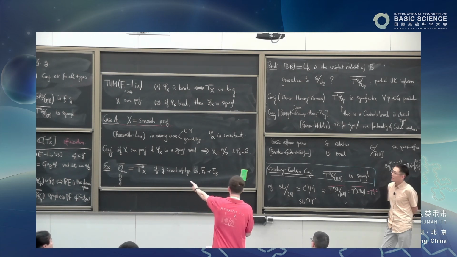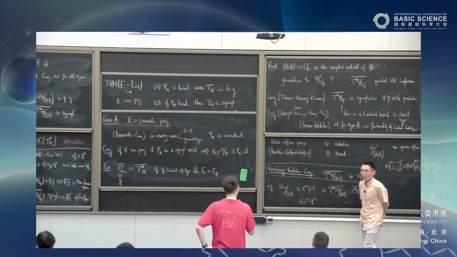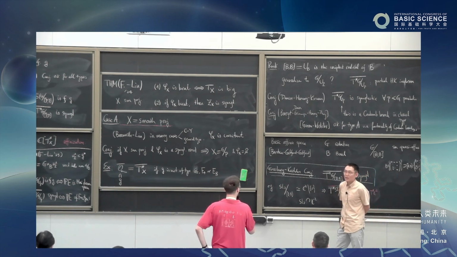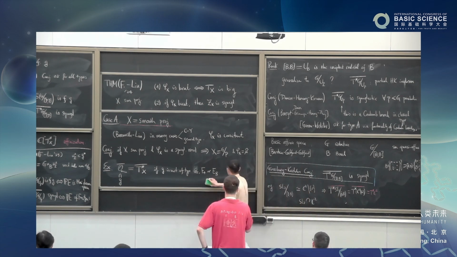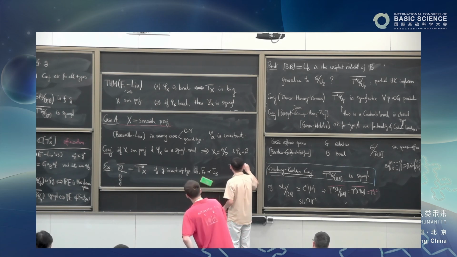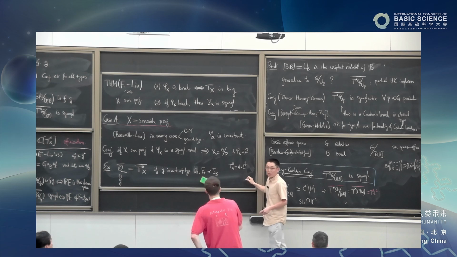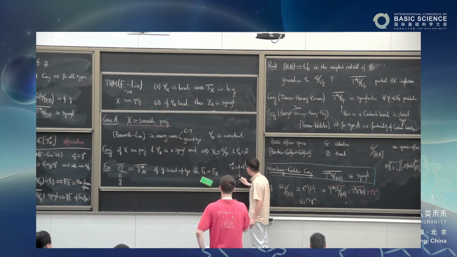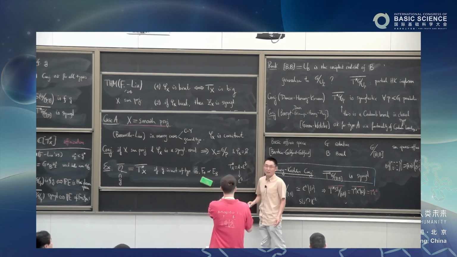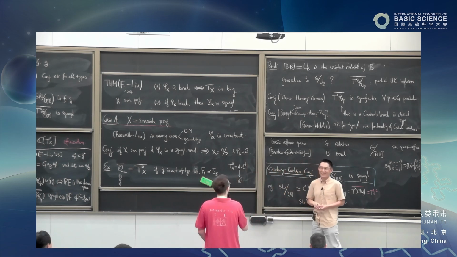What about questions 1, 2, and 3 for elliptic curves or abelian varieties or whatever? Oh, it's trivial. Oh, okay, okay. Now I understand.